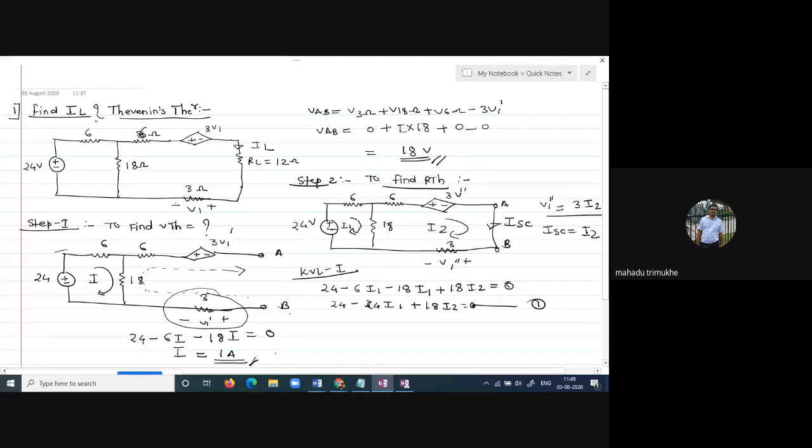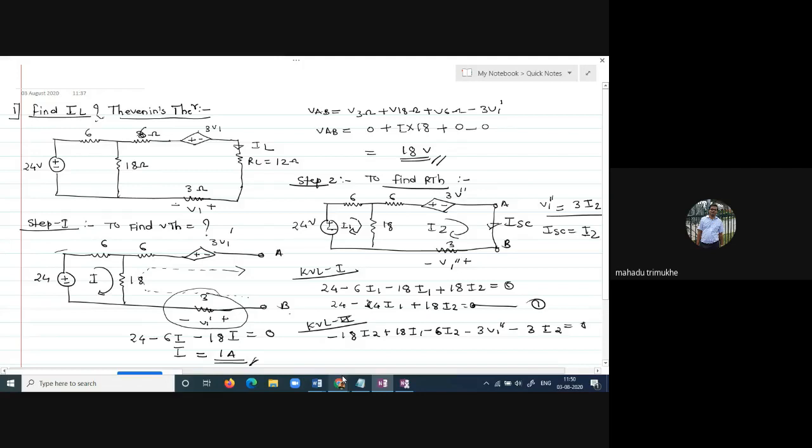KVL to loop 2: minus 18 I2 plus 18 I1 minus 6 I2 minus V double dash minus 3 I2 is equal to 0.